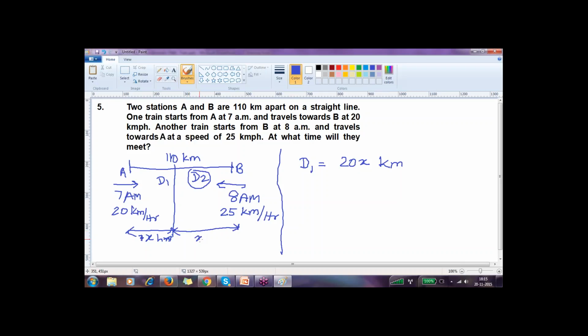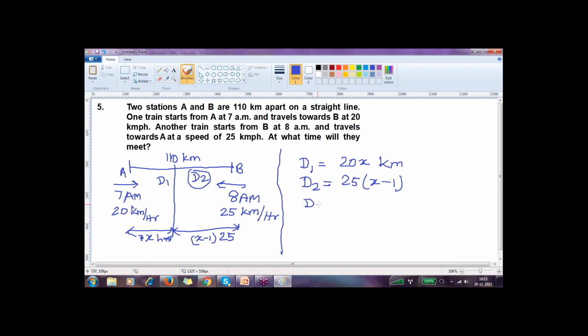It will take x minus 1 hours because this train starts at 7 a.m. and this train starts at 8 a.m. There is a difference of 1 hour. Multiplied by 25, which is your speed. So D2 is equal to 25 into x minus 1.